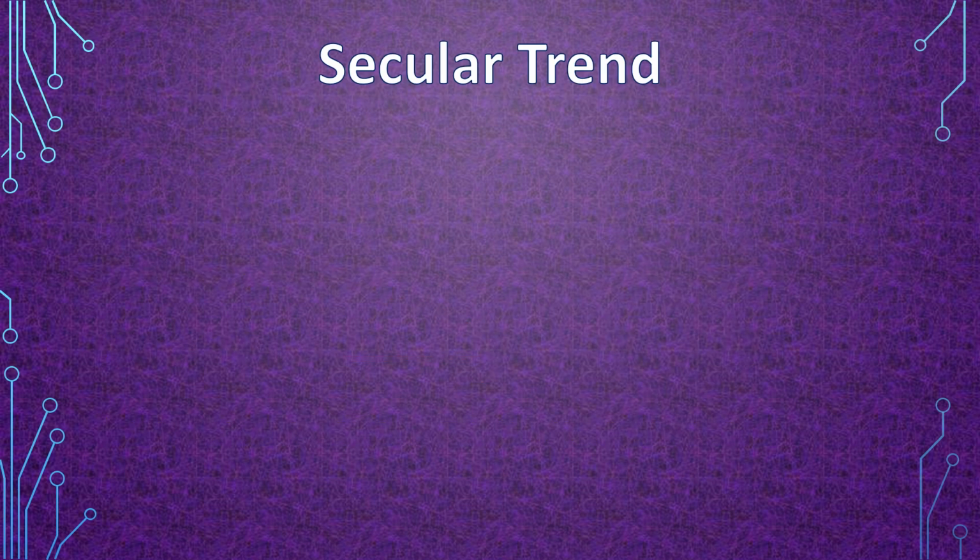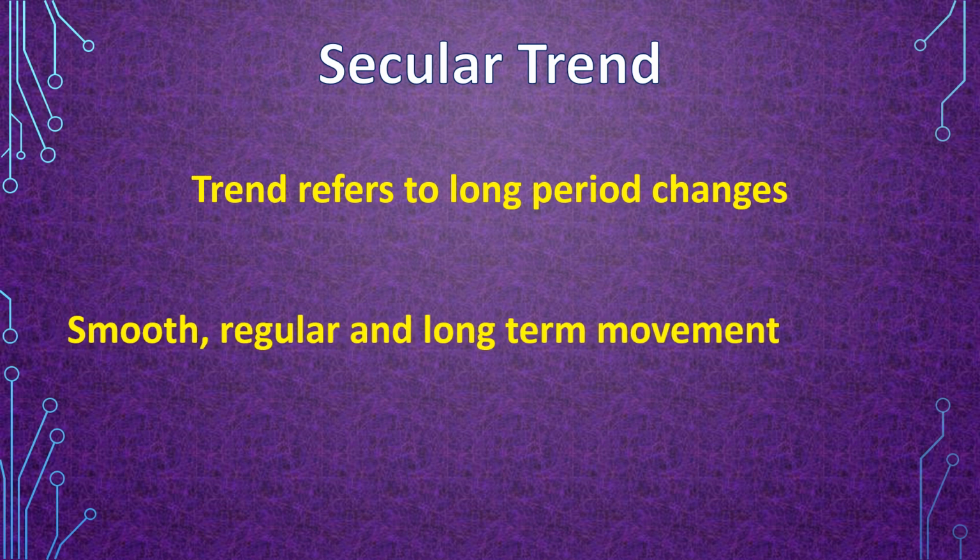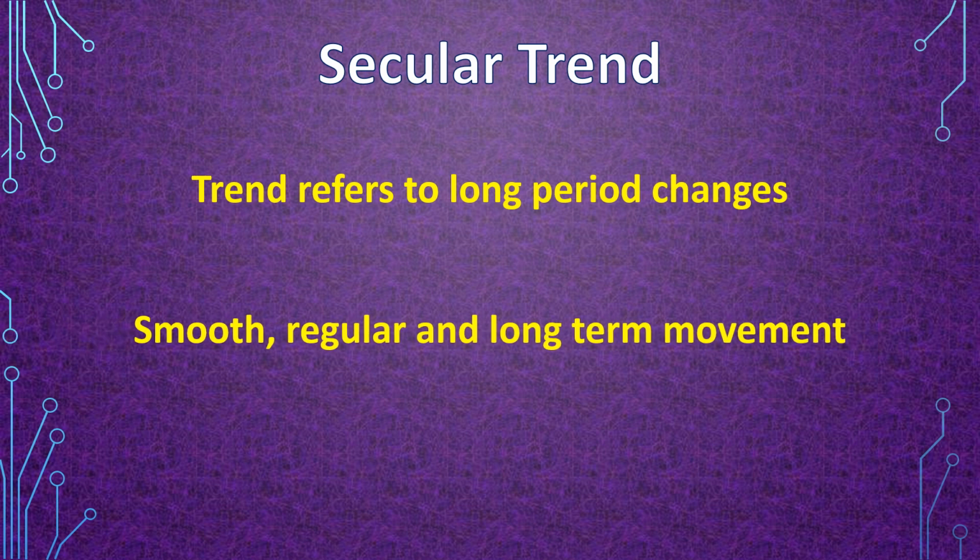And now we can discuss each one of the components of the time series in detail. The first important component is secular trend. Now, the trend refers to long period changes. It shows the definite and basic tendency of the statistical data with the passage of time. So it is a smooth, regular, and long-term movement.